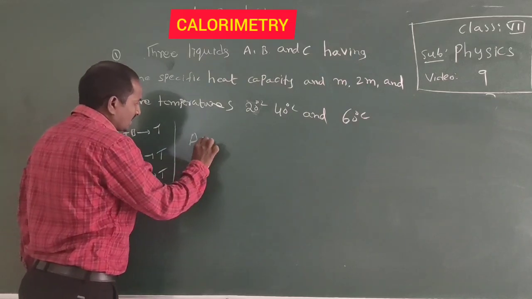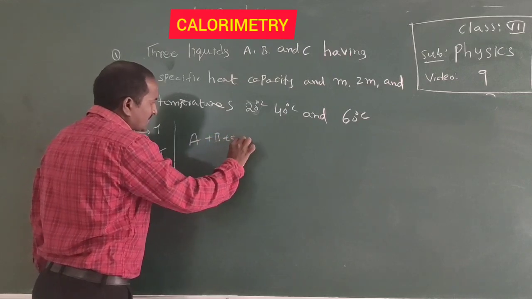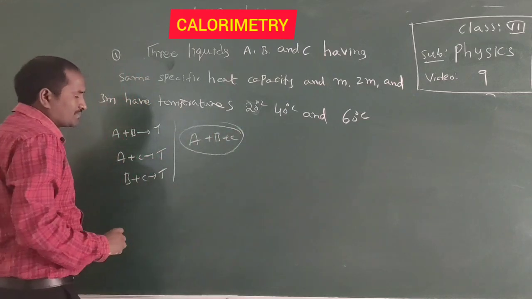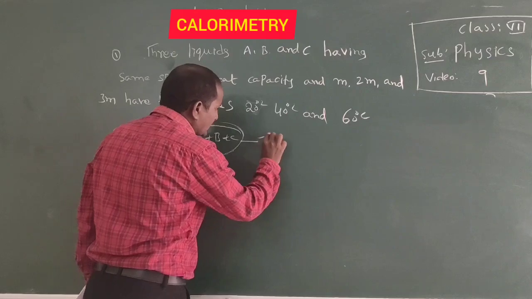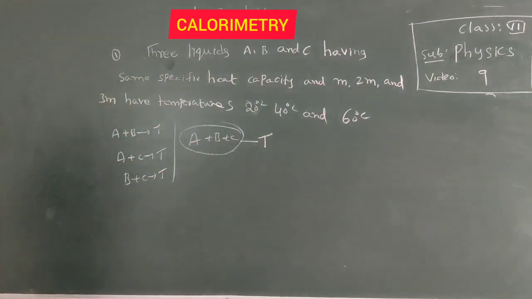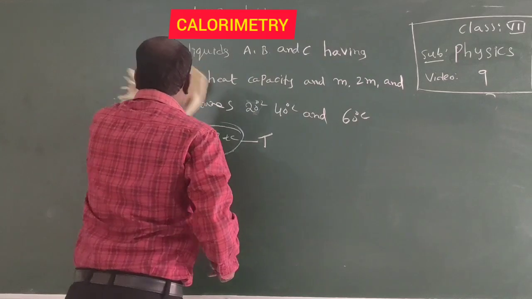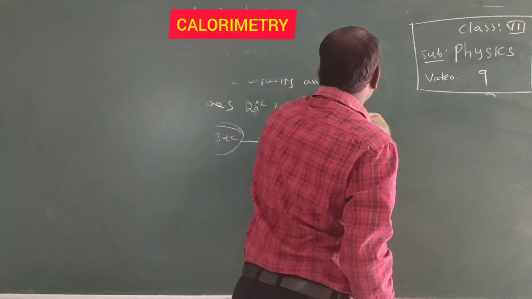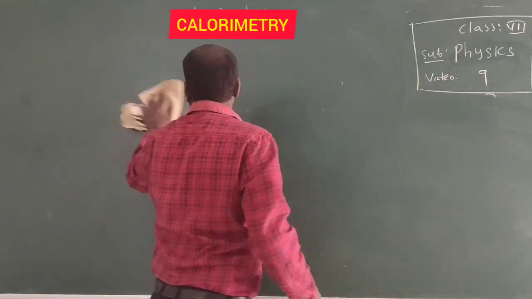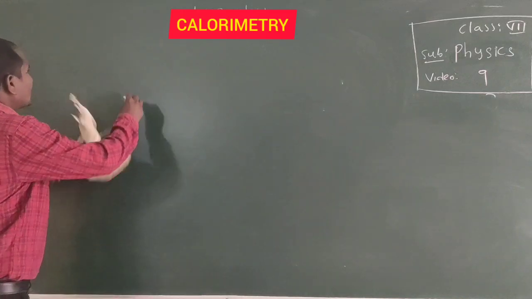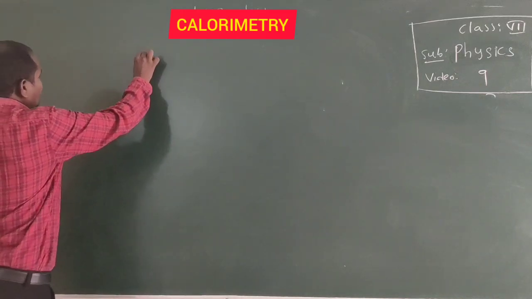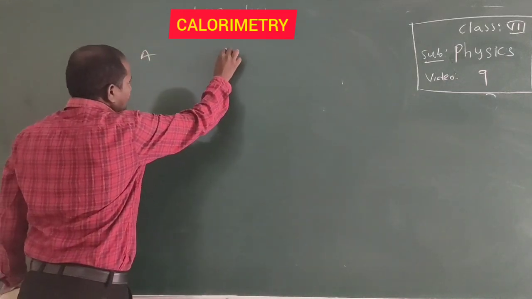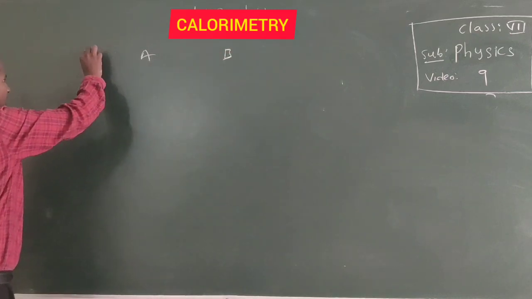At the same time, A plus B plus C are mixed, three liquids mixed together, then find the resultant temperature T. The first one: if A and B are mixed together, then find the resultant temperature. So temperature of A and B is given. It is A liquid, it is B liquid.